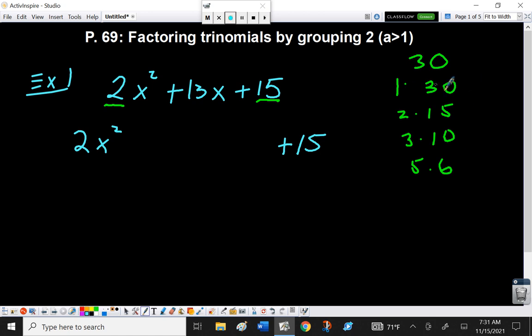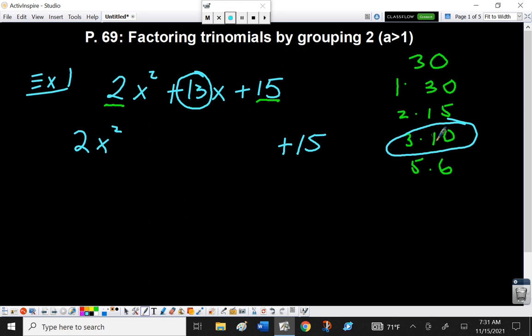But which group, when combined with addition, will give us 13 in the middle? 1 and 30, 2 and 15, 3 and 10, or 5 and 6? If you said 3 and 10, you were correct.